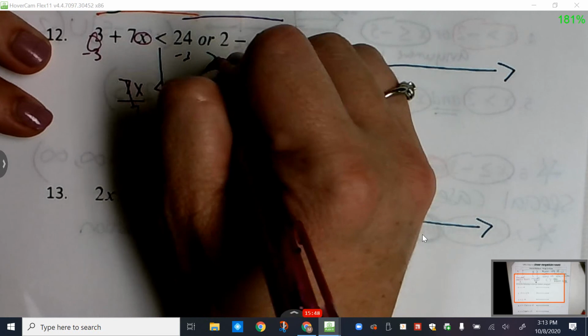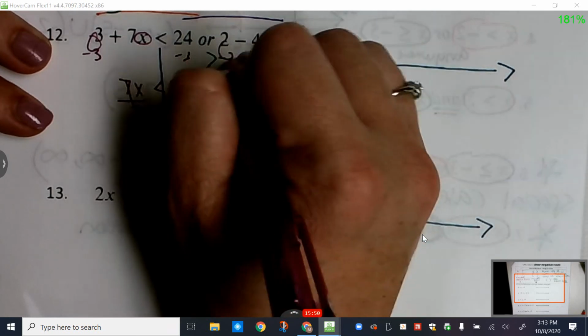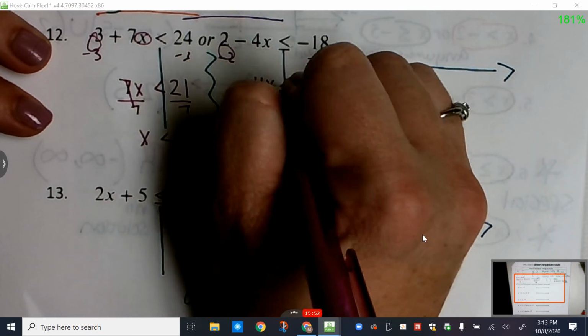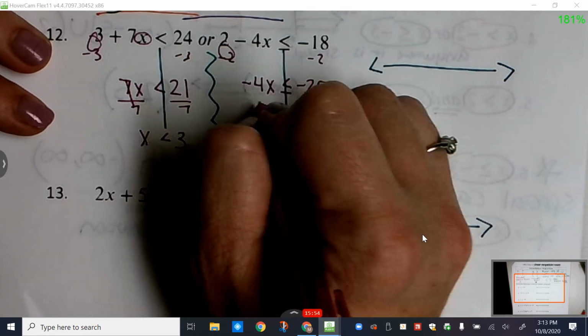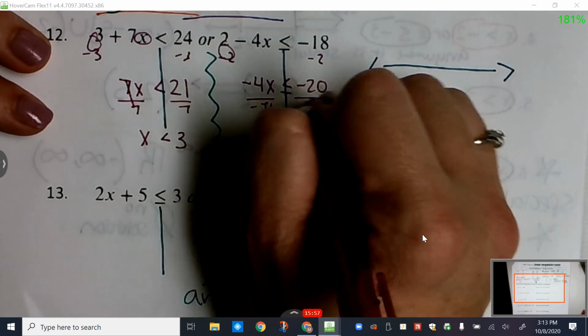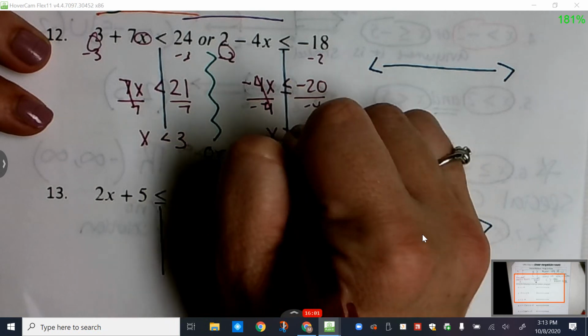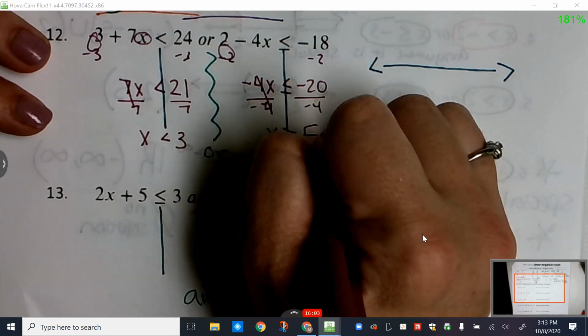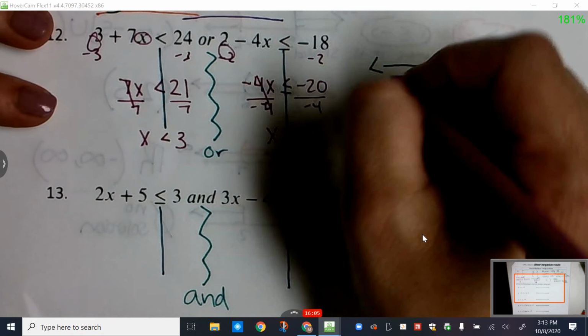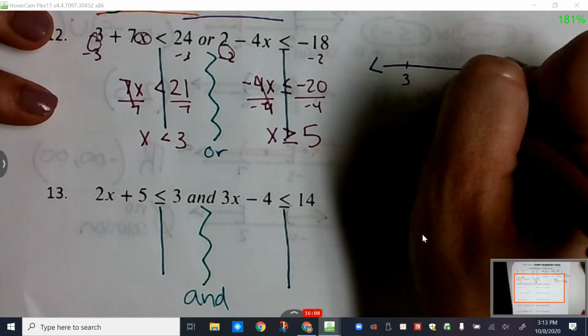Okay, so here, subtract 2, get negative 4x is less than or equal to negative 20. Divide by negative 4, divide by negative 4. I get x, I flip my symbol because I divided by a negative, is greater than or equal to 5. So I have 3 and 5 on my number line.